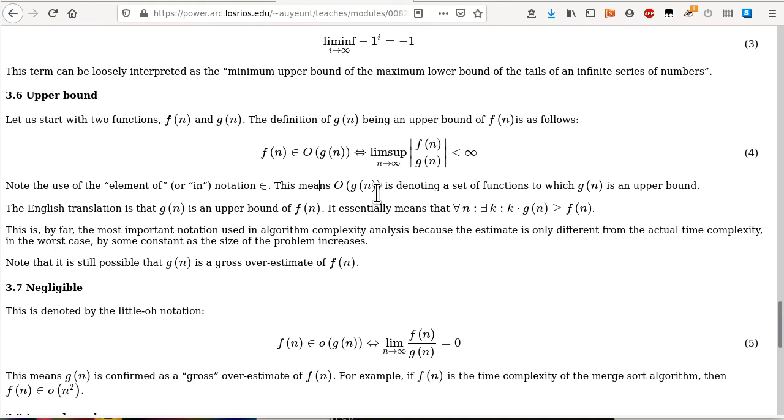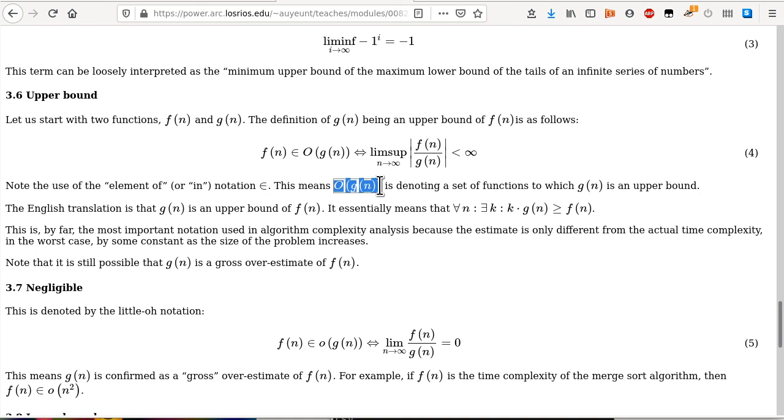It is a set of functions, probably an infinite number of them, where g of n is an upper bound. Every element of that set is a function.